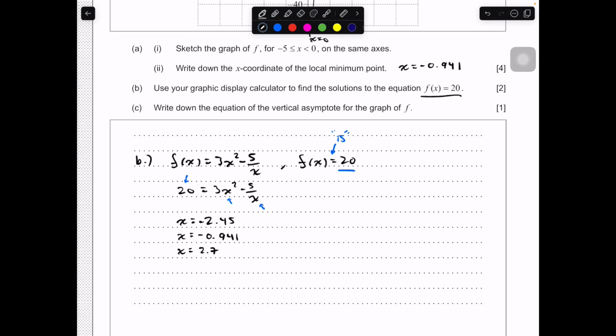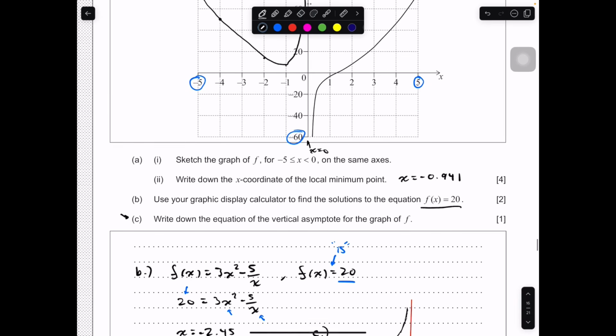Write down the equation of the vertical asymptote for the graph. So C, remember vertical asymptote essentially is a line that we approach but never reach. So vertical asymptote in this case, or in all cases really, is a line that you approach but never reach. And this would be your vertical asymptote in this case, the line where x is equal to 0.